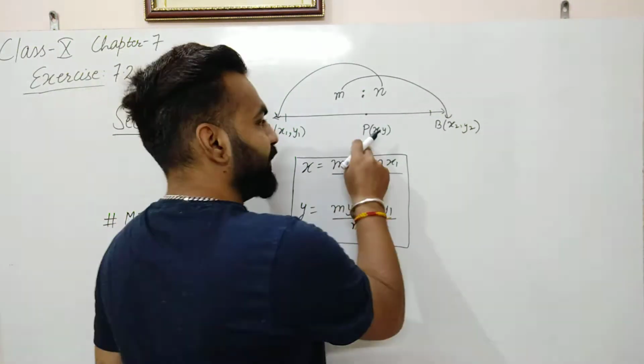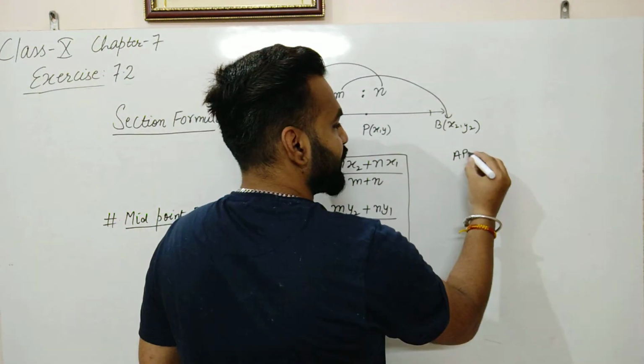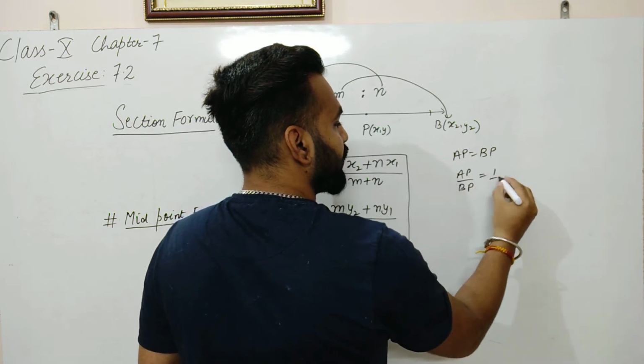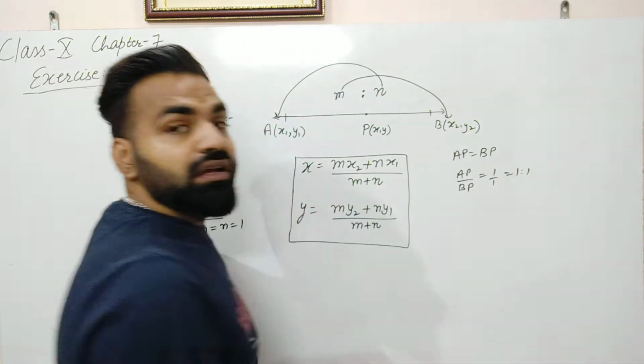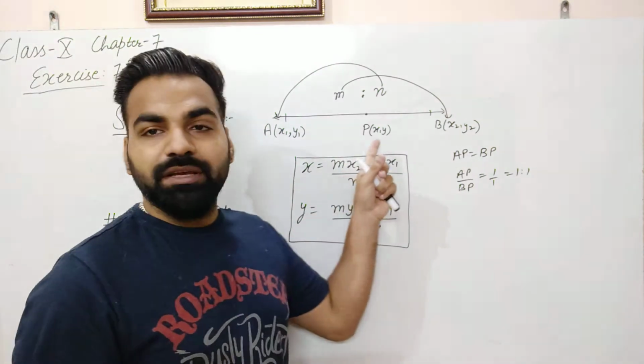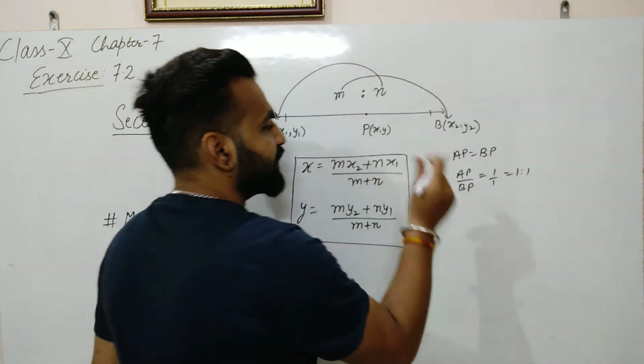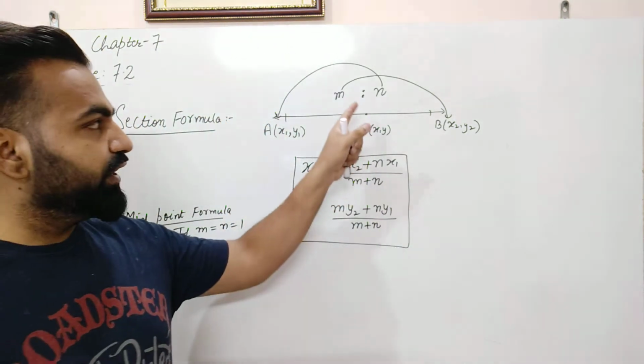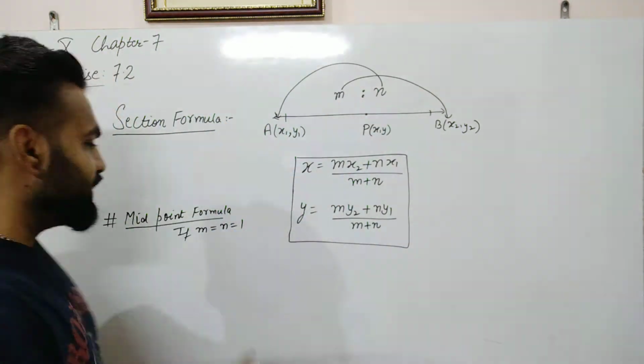If P is the midpoint, then AP is equal to BP, so AP by BP will be equal to 1/1, that is 1:1. So if the ratio is 1:1, we can put m is equal to 1, n is equal to 1.